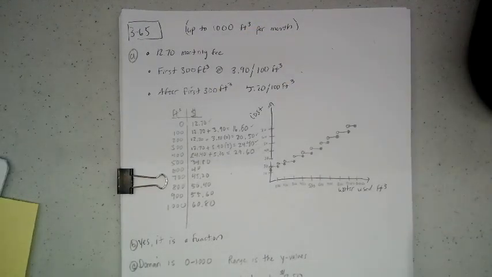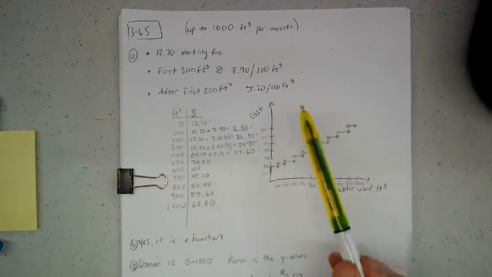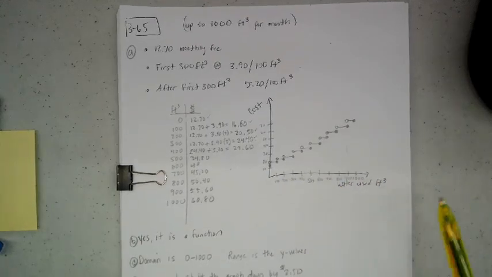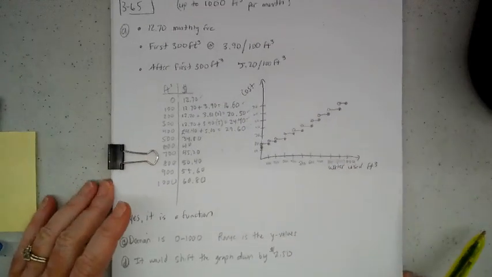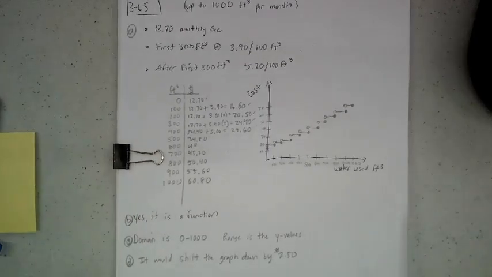Letter A wants me to sketch a graph of the water usage, and it says be sure to consider what the cost would be for partial units. This took a long time, but I made a graph, and I put the water usage on the x-axis and the cost on the y-axis.